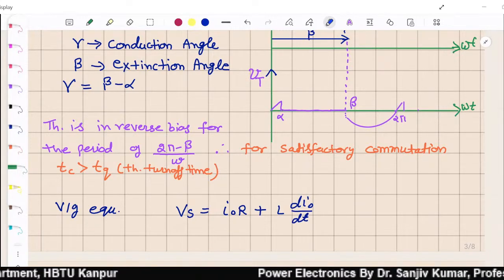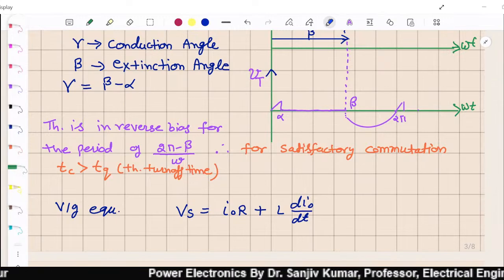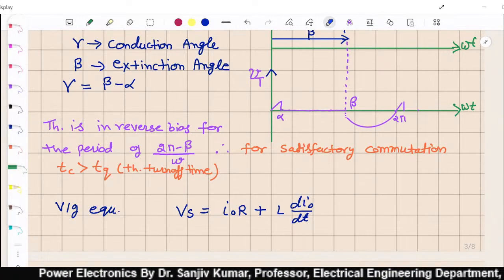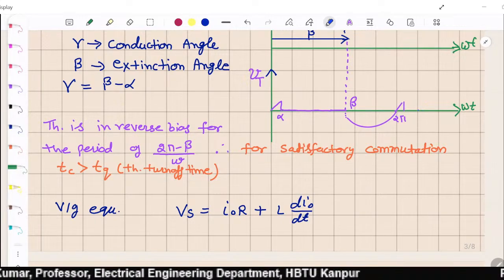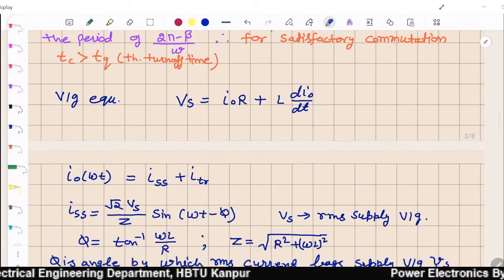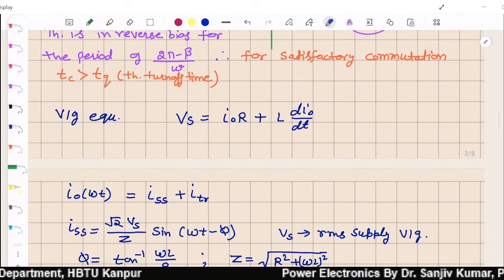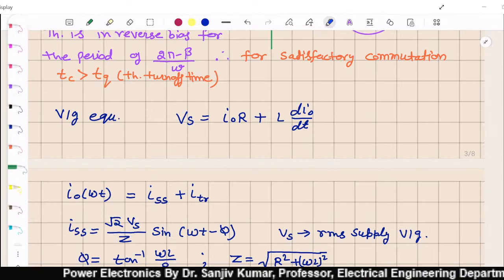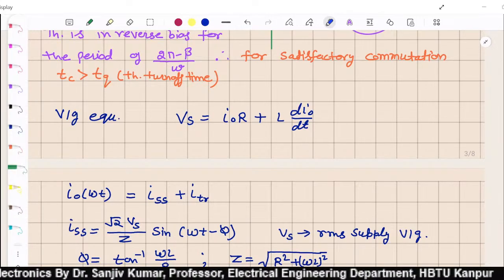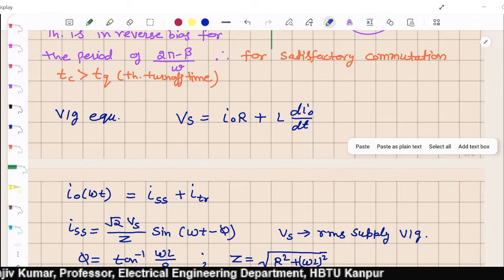Our device has to be in reverse bias for a duration more than the turn off time. That is the point. In GATE such simple questions come, but we are not able to do them, then the difficulty comes, son. If you understood the fundamentals, then no competitive exam is difficult, right?